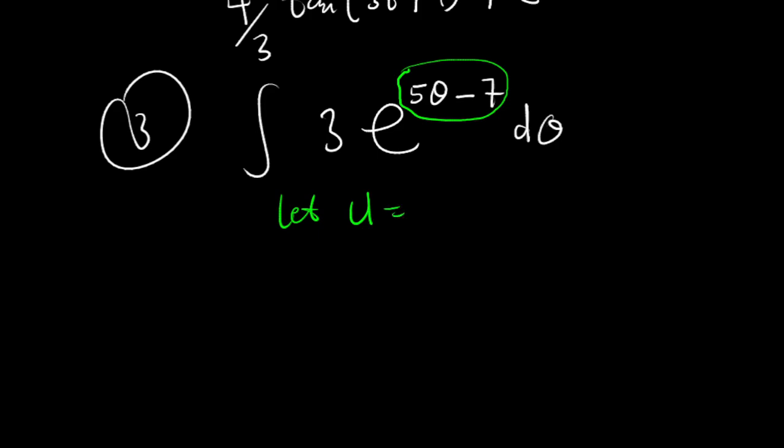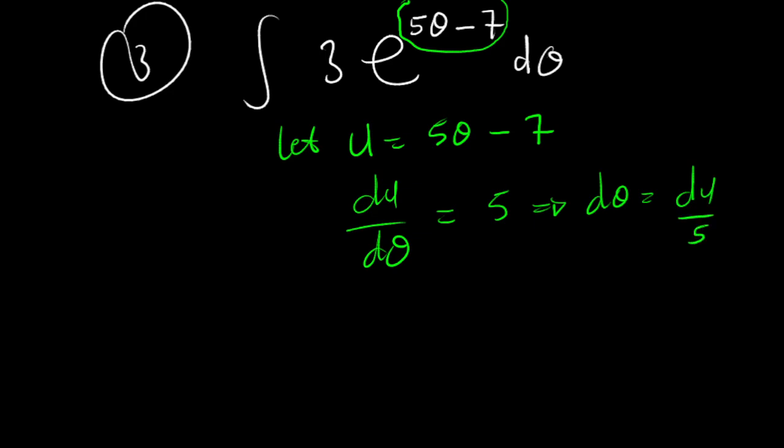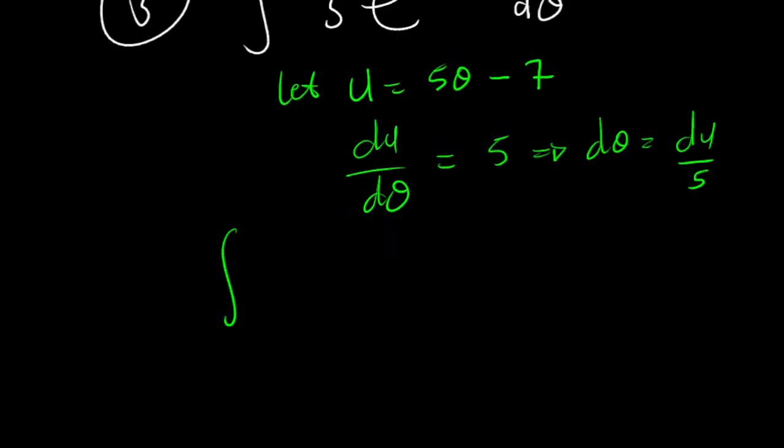Let u be equal to 5 theta minus 7. And what is du d theta? du d theta is 5. From there, that means d theta is du over 5. So that means we are now having 3 exponential u du over 5.